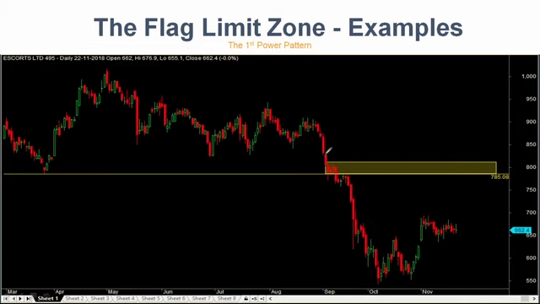Okay, friends, I purposefully put this example to explain to you that this scenario can happen, but I am not going to trade this. I am not going to trade this because it has lesser probability.